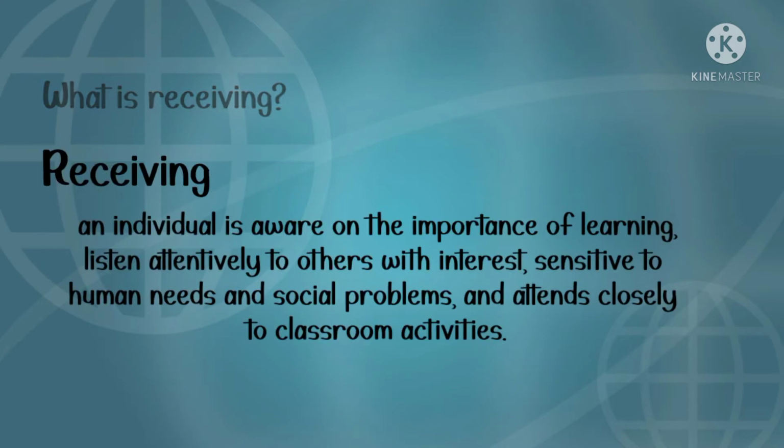In receiving, an individual is aware of the importance of learning, listens attentively to others with interest, is sensitive to human needs and social problems, and attends closely to classroom activities. It is concerned with simple awareness and selective attention. So we should listen carefully and accept what we receive from the speaker.